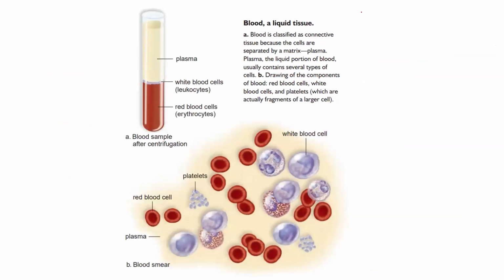So blood is a liquid tissue. This is very important. Why is it classified as a connective tissue? Because the cells are separated by a matrix, which is the plasma. So here the matrix is the plasma. Plasma is the liquid portion of the blood.